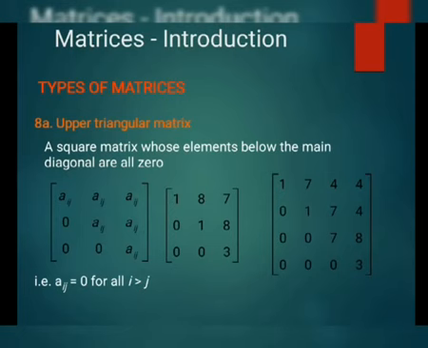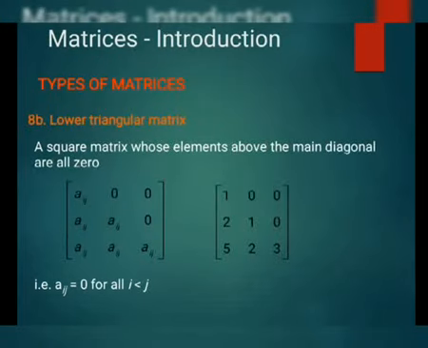If the elements below the main diagonal are 0, such a matrix is called an upper triangular matrix. After that, the next is the lower triangular matrix. In this type of matrix, above the main diagonal, all are 0. Now look at the example. In the first example, all the elements above the diagonal are 0.